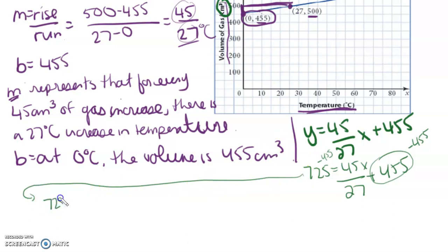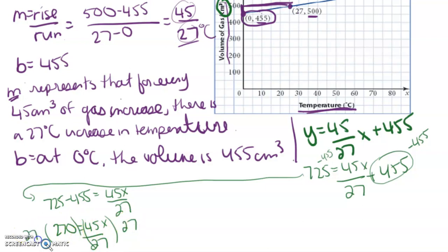Okay, so we have 725 minus 455 equals 45x over 27. Okay, so 725 minus 455 is 270 equals 45x over 27. So we want to get rid of this fraction, so we're going to multiply both sides by 27. Okay, and we get 7290 equals 45x.